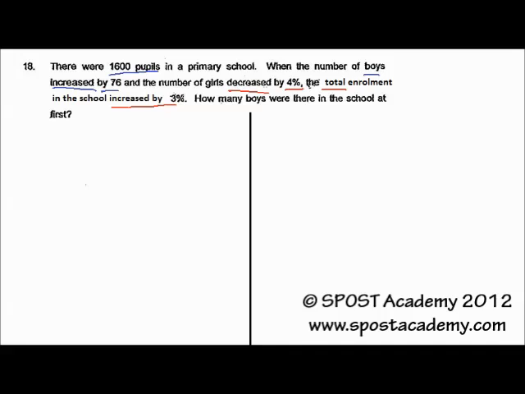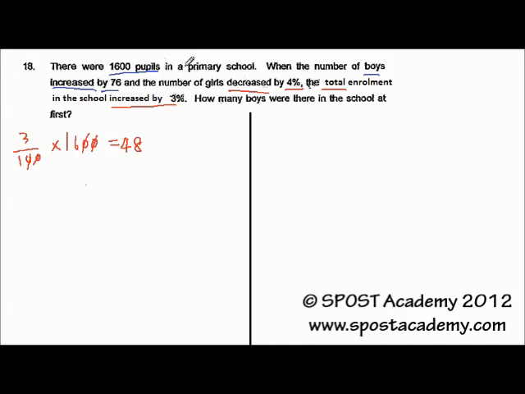So I need to find the new population in the school. First I will use 3 over 100 times 1,600. If I cancel this, I will get 48, which means that the number of pupils actually increased by 48.